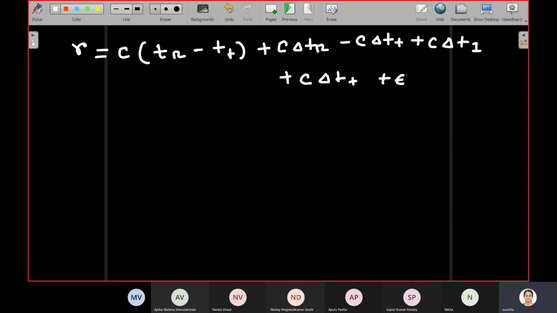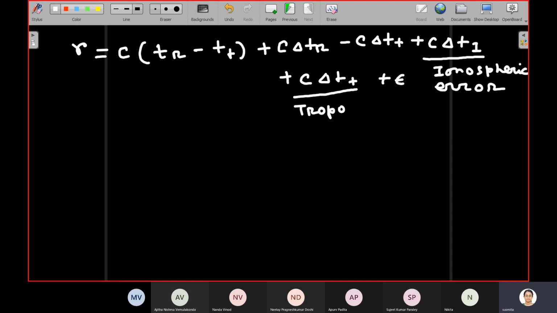This one is the ionospheric error. So delta TI is the extra time that the signal spends over that distance, and multiplying that with the speed of light, we get the ionospheric error. And this is called tropospheric error.